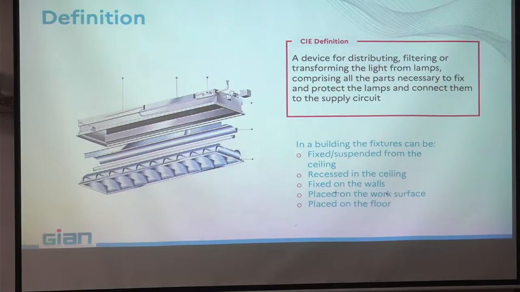Can be fixed on the wall. Placed on the work surface. You put your lamp on the table to see what you are doing, or placed on the floor. This is something that we'll find mainly in our homes or in some other places, not very often in office spaces.